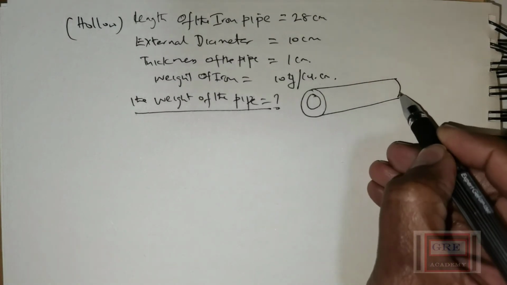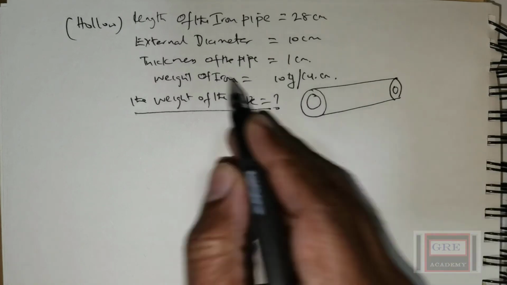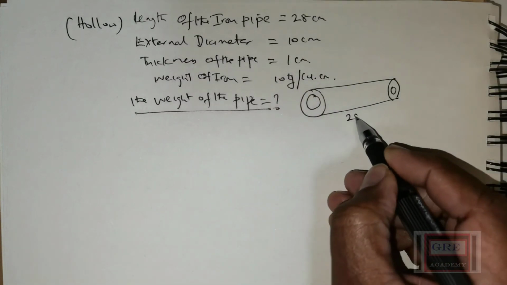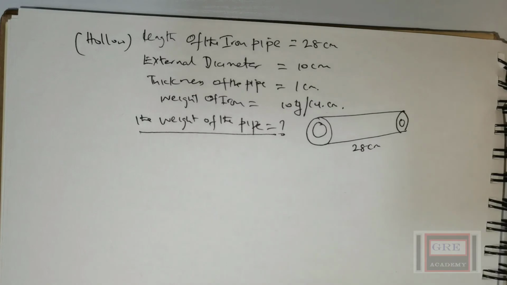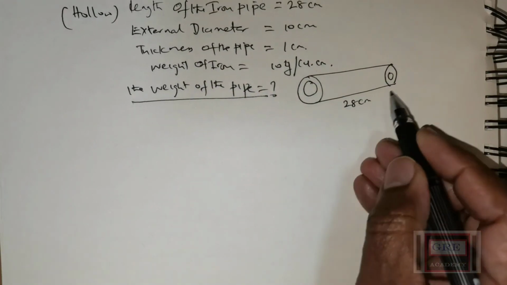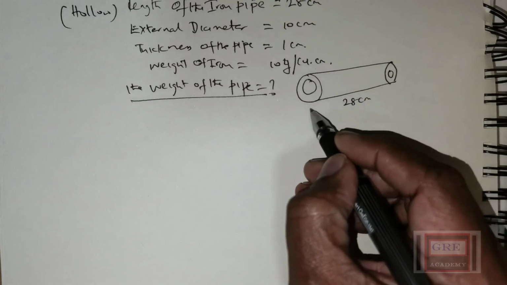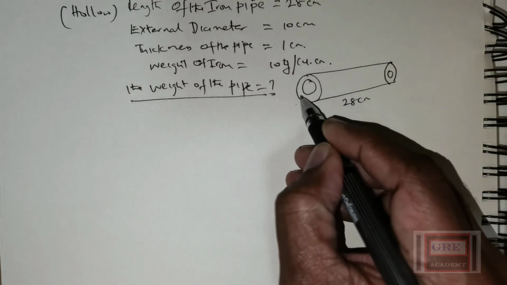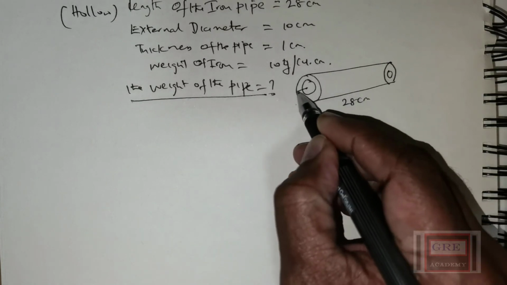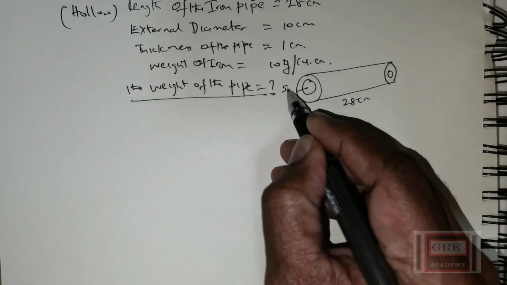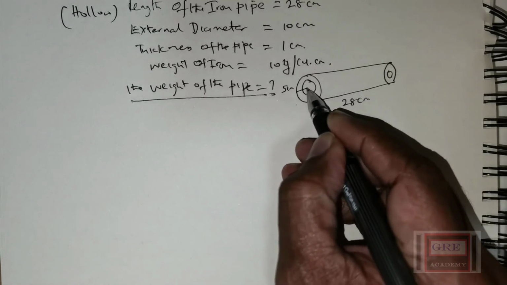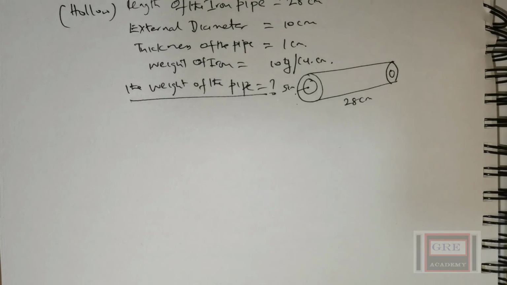So the total length of the pipe is 28 centimeters, right? So this is the total length of the pipe. The external diameter is given to be 10 centimeters. This entire length is 10 centimeters. So the radius will be 5 centimeters. The total radius from the center to the hollow pipe's circular region.